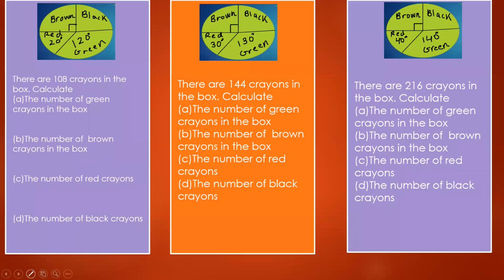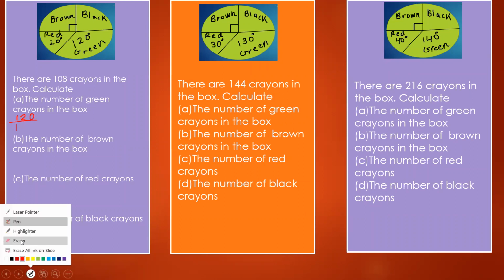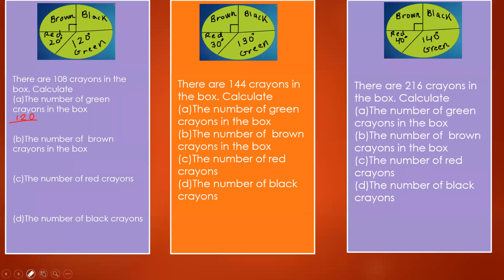Okay, there are 108 crayons in the box. Calculate the number of green crayons. So you want to do 120 over 360 times 108 over 1. And then you multiply them. Then you cancel out the zeros, and that gives you 12 over 36 times 108 over 1.